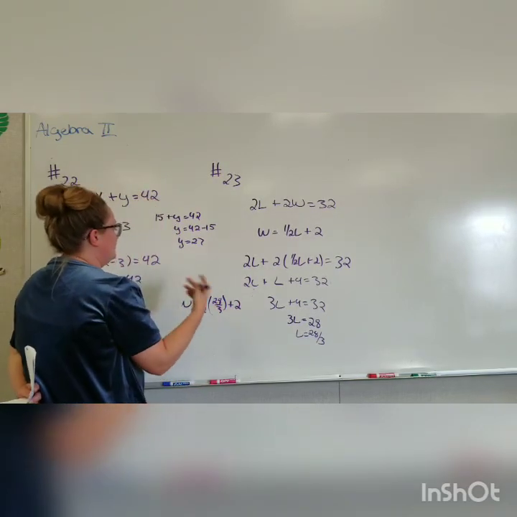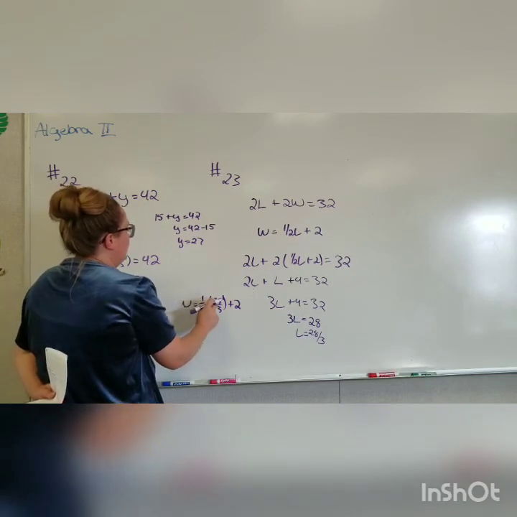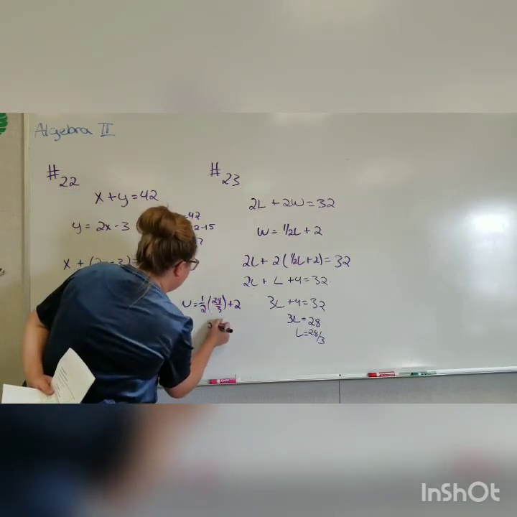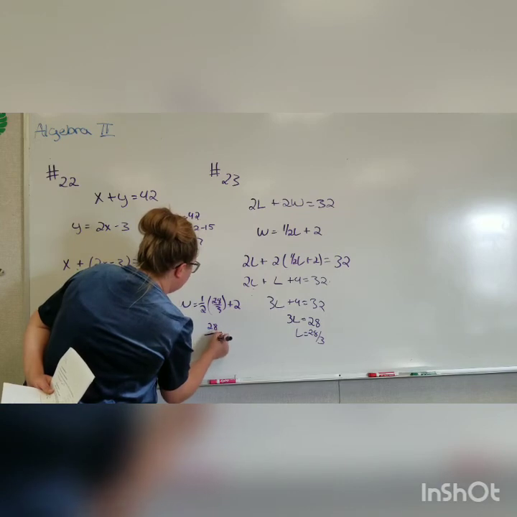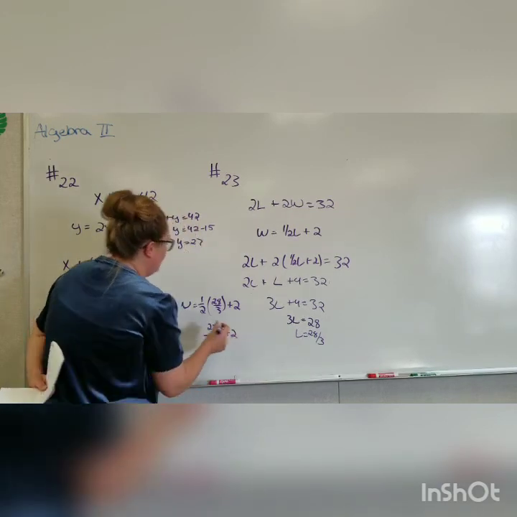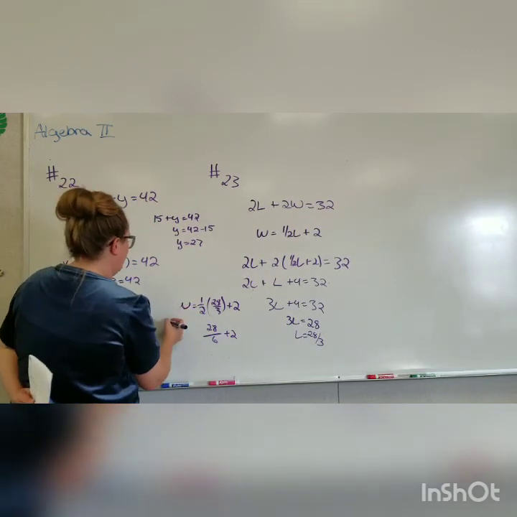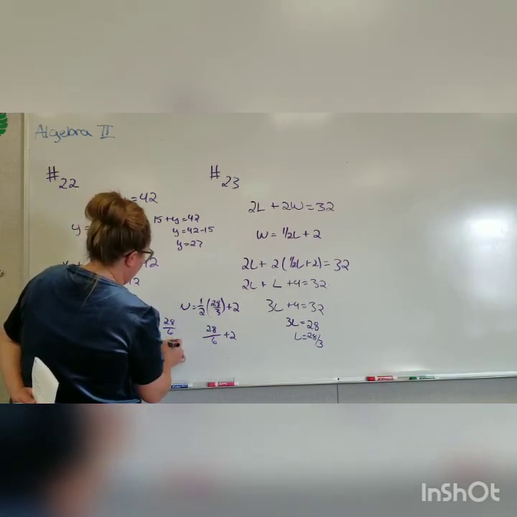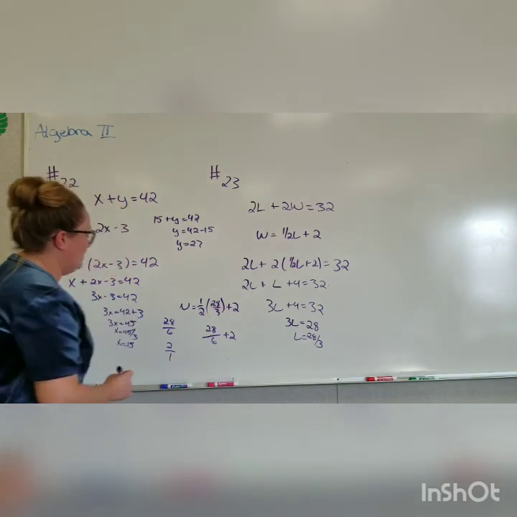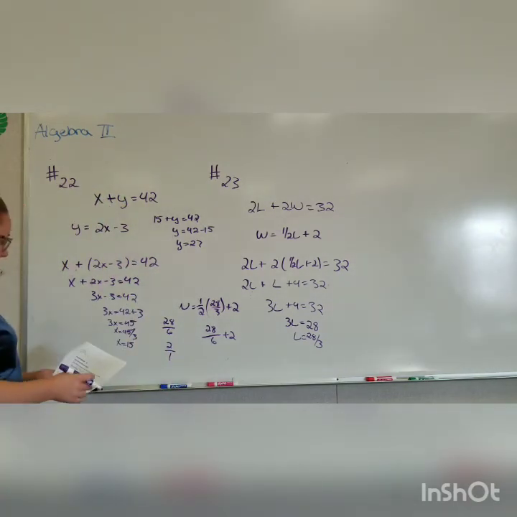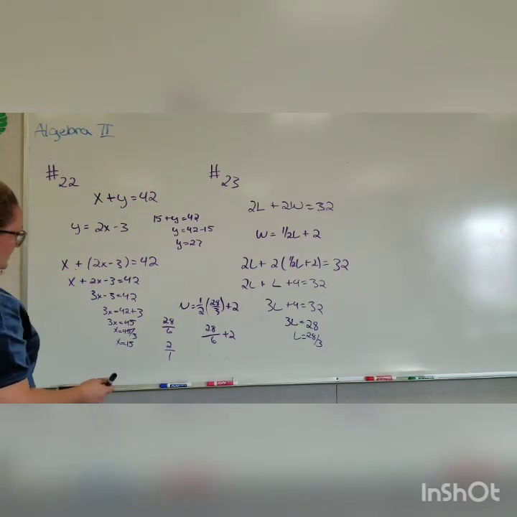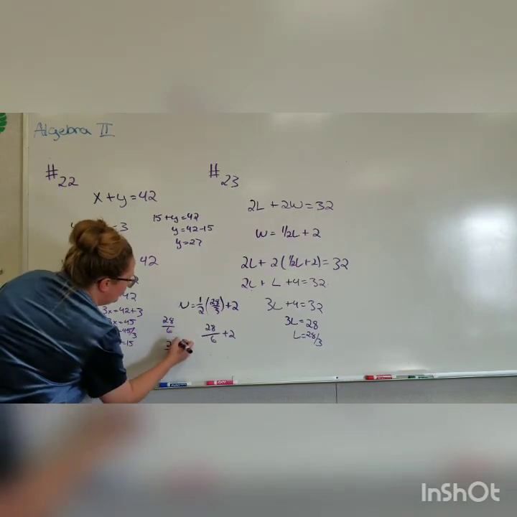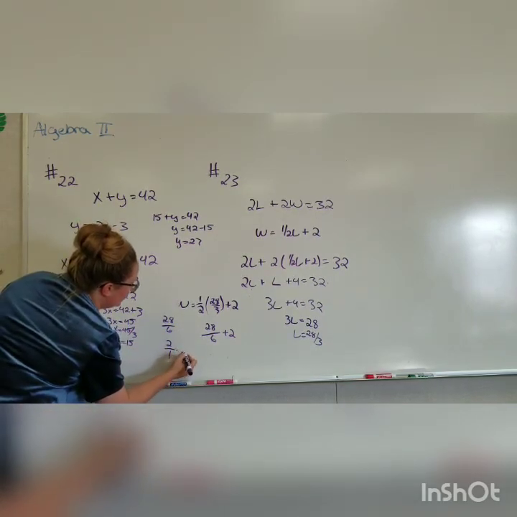So go ahead and do your multiplication. 28 times 1 is 28, and 2 times 3 is 6 plus 2. Common denominator, we're going to go ahead and add these fractions. 28 over 6 plus 2 over 1. Our common denominator is 6, which would make this 6 and 12.